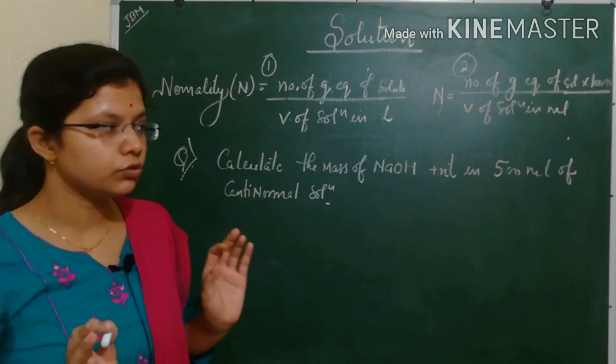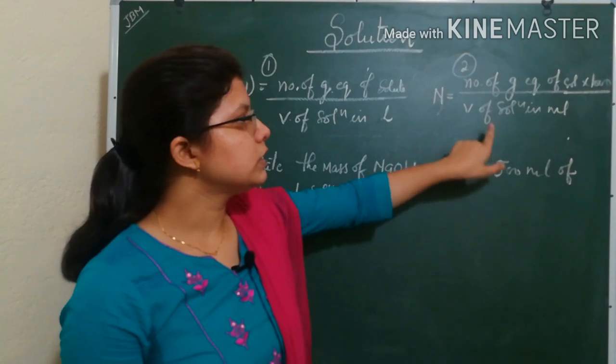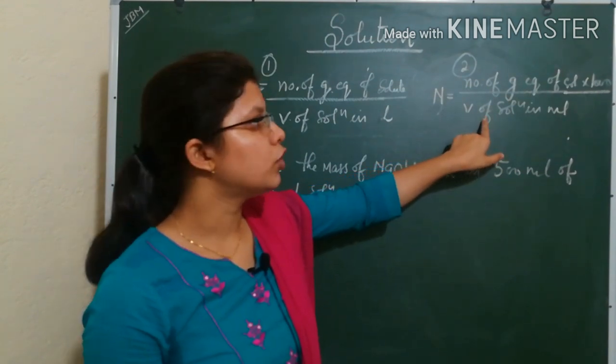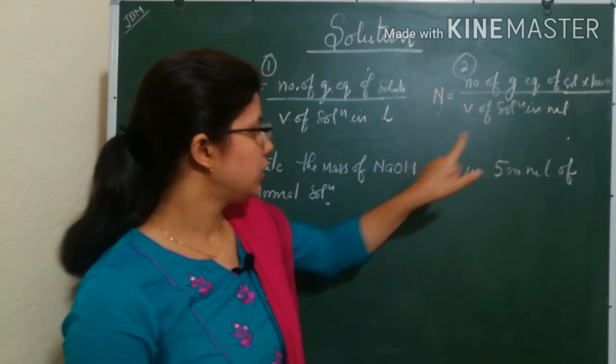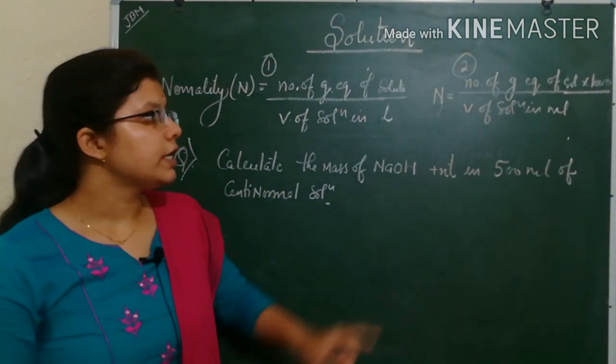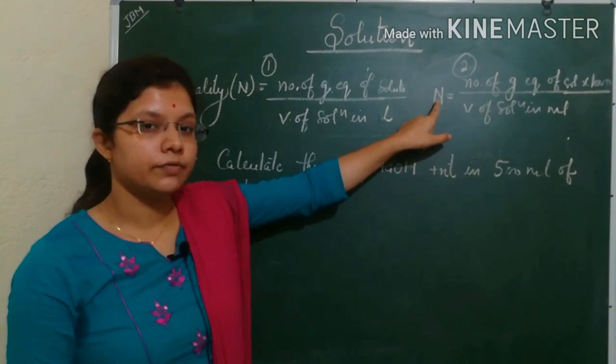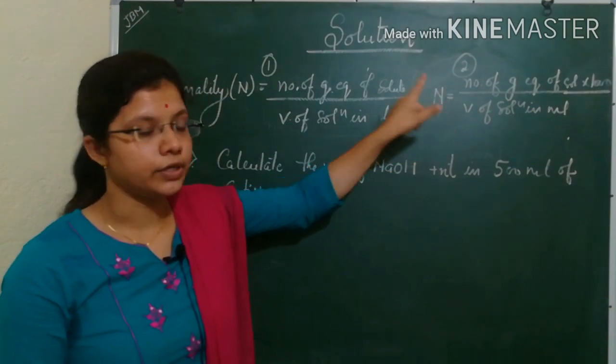What is given in the question? It is given 500 milliliter of the solution, which is the volume of a solution in milliliter. Second, centi-normal solution means the normality of the solution is already given in your question: N by 100.